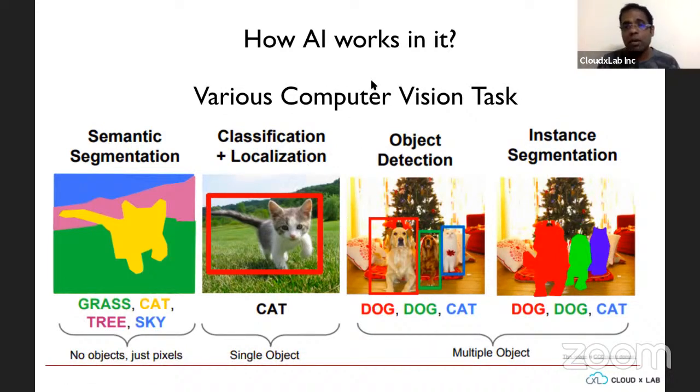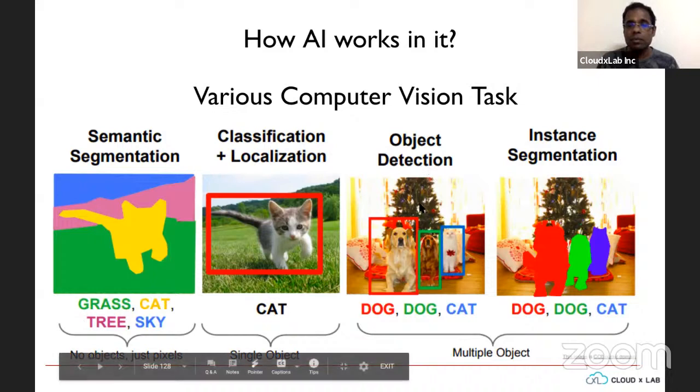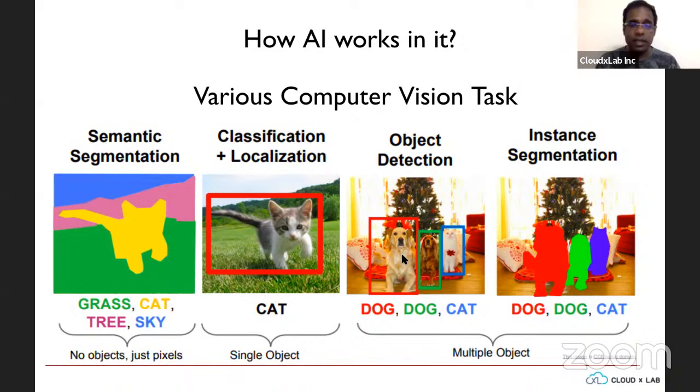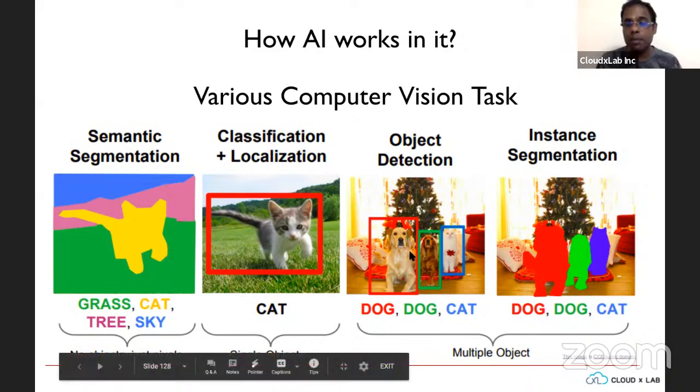The next problem is object detection, where you have multiple items to identify. For example, in this case there are 2 dogs and 1 cat, and you want bounding boxes that capture all of them. This is among the most interesting problems, and we would use YOLOv4 at the end of the day to implement it and show how this works.